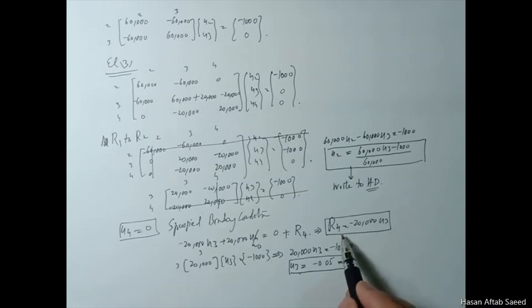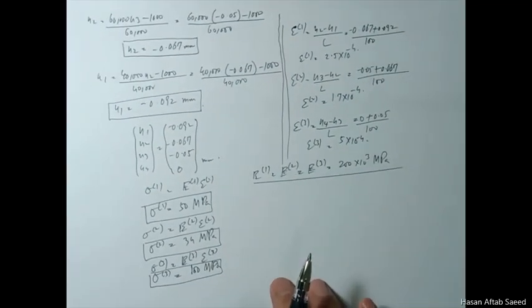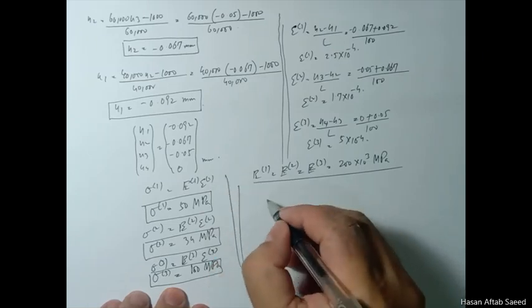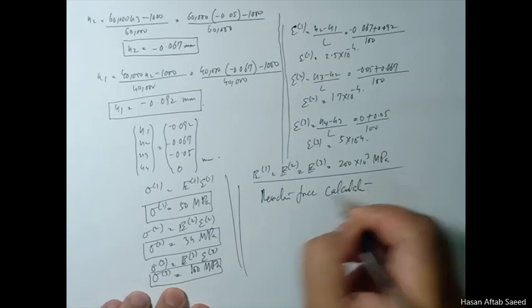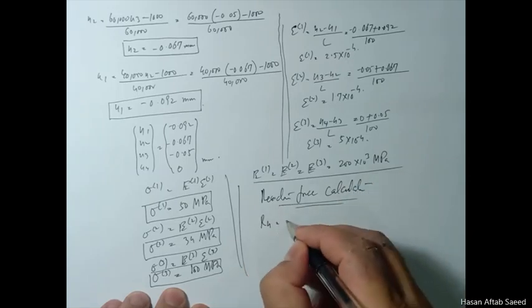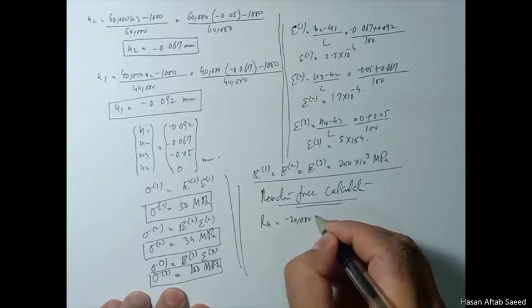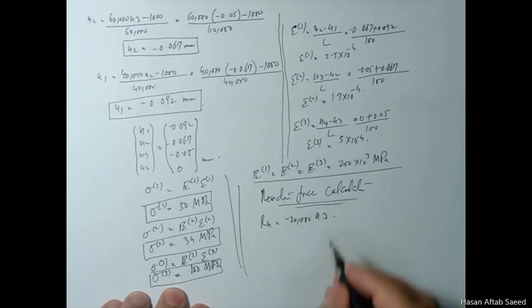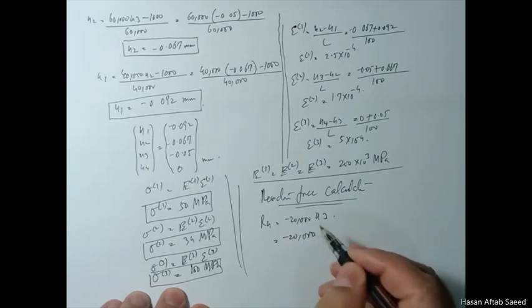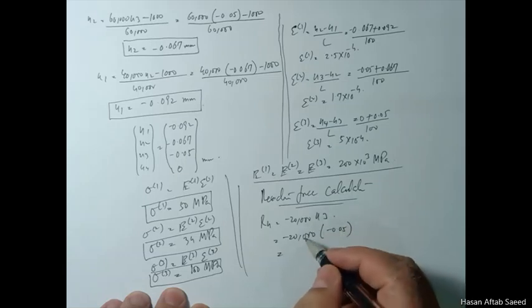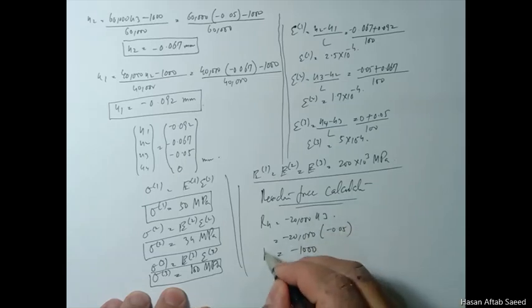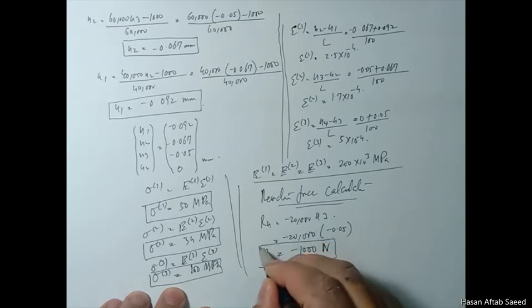This is the expression for reaction force. R4 is equal to minus 20,000. So if in a certain question we need to calculate reaction force, then it can easily be done. This is not needed here, but for the reaction force calculation, R4 again from what we had written, minus 20,000 into U3, U3 value is minus 0.05, which is minus 1000 Newton.